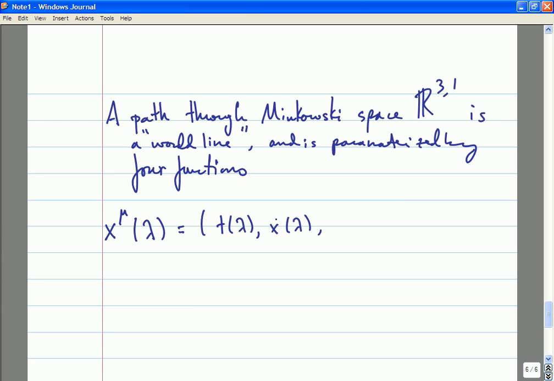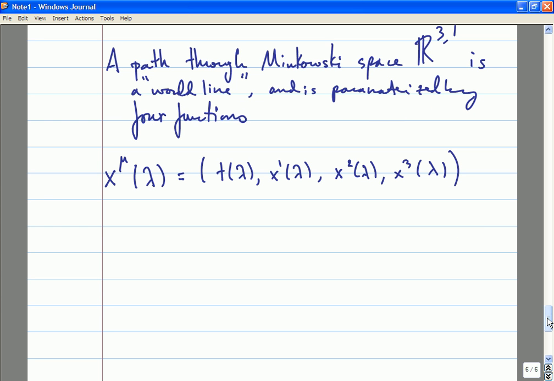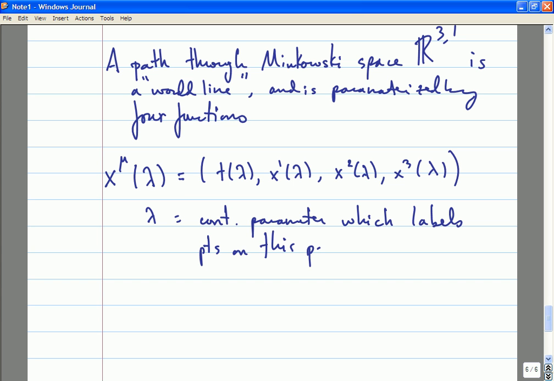So I'll need to tell you t of lambda, x1 of lambda, x2 of lambda, and x3 of lambda, where lambda is a continuous parameter which labels points on this path, or this world line, through space-time.